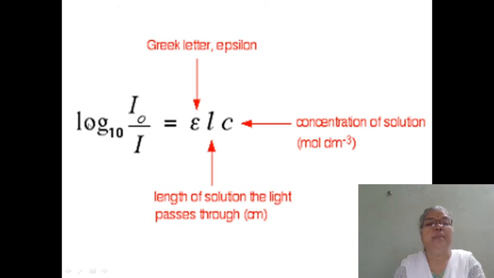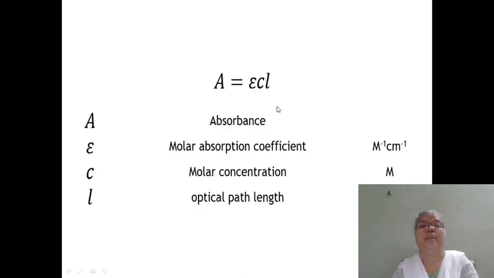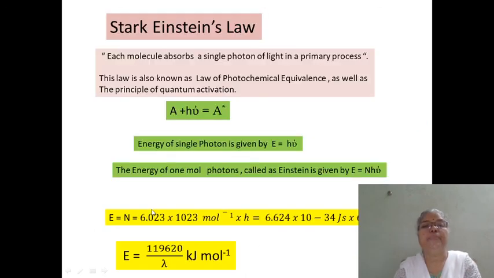Here, log of I0 by I is equal to epsilon, a Greek letter, times L, the length of solution through which light passes, and C, the concentration. This is the important equation, and it shows that there is a linear proportion between optical density and concentration of the solution. The same equation is written here.